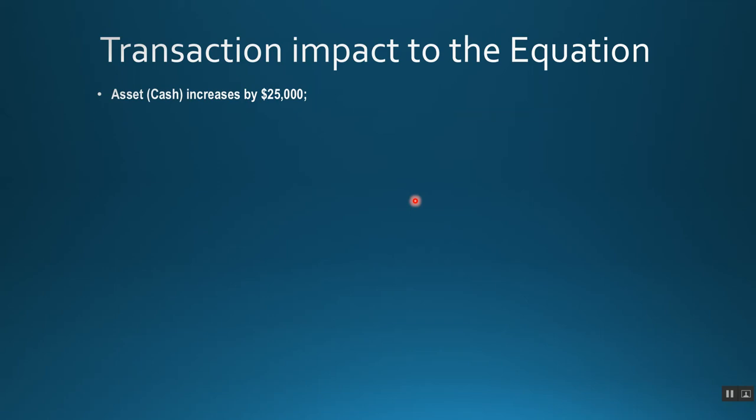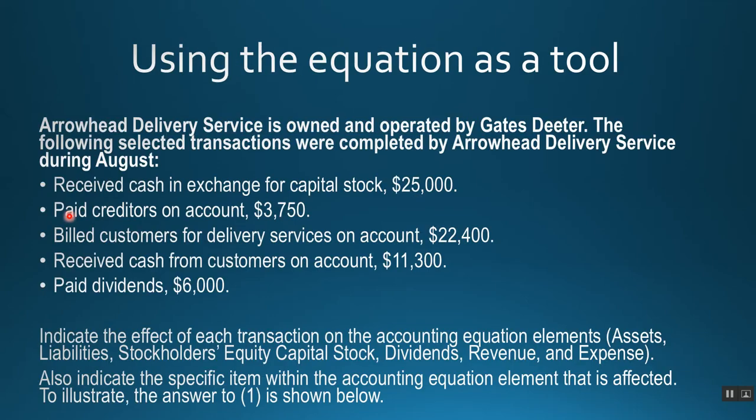In the next one, it says that we paid creditors on account $3,750. So what are the two accounts impacted here? Well, we paid creditors. Paid means cash went out. And then on account means liabilities because it says creditors on account. So we're paying down a debt.